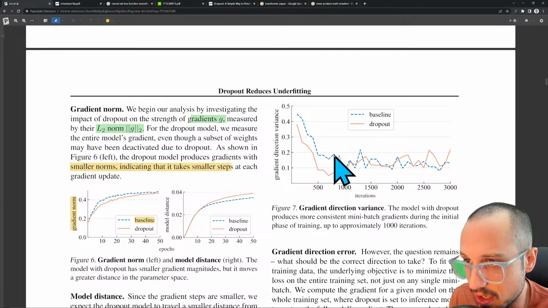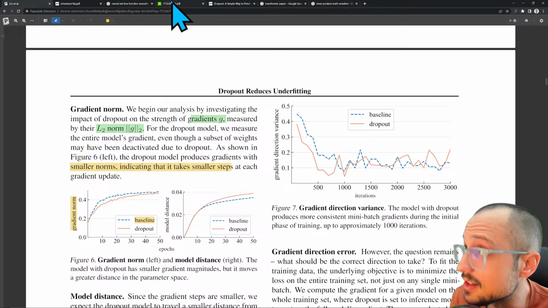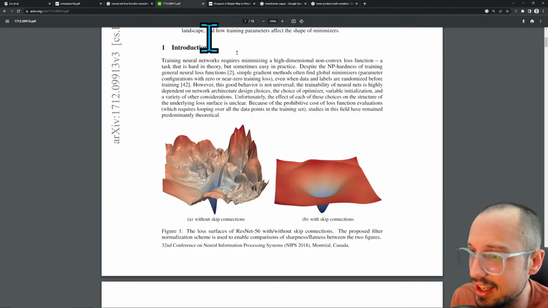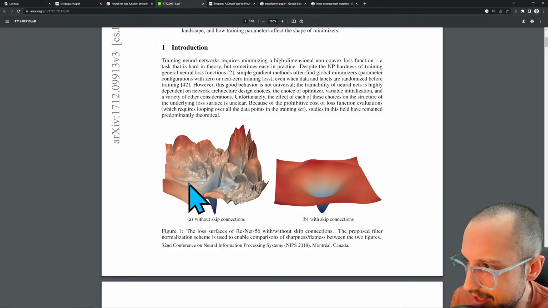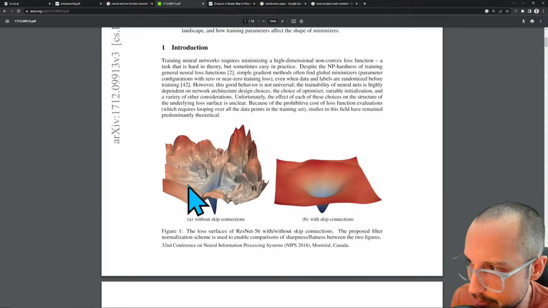Where you see suddenly here, there's a gradient step that the baseline model takes that is way better, right? It's like, oh, it just found a consistent little slope, right? And what that means is that it found some area of the loss landscape that happens to have a very consistent and smooth gradient downwards, right?